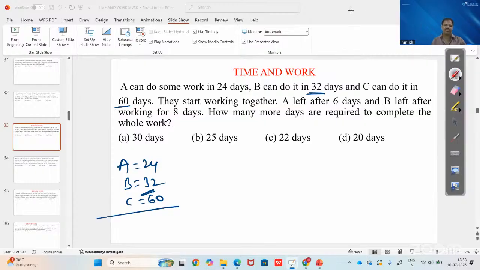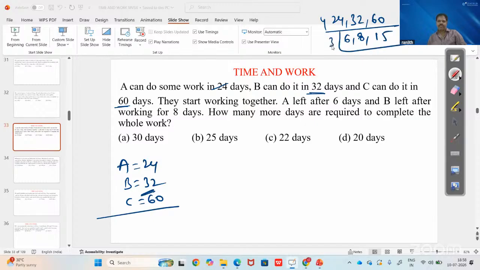24, 32, and 60. So what will be the LCM in the sense? All are cancelled by 4 table. 4 sixes are 24, 4 eights are 32, 4 fifteens are 60.